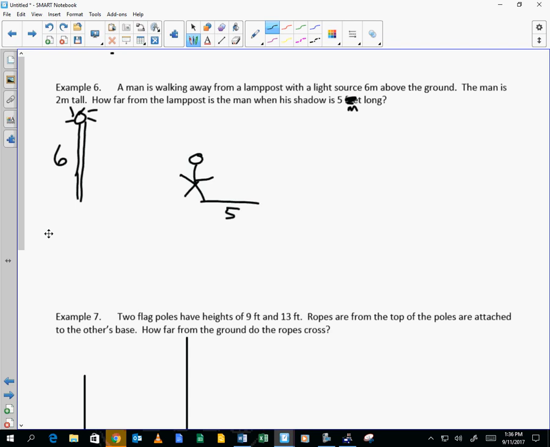The lamppost is 6. He's 2. Or D for distance. Six over D is 2 over 5.